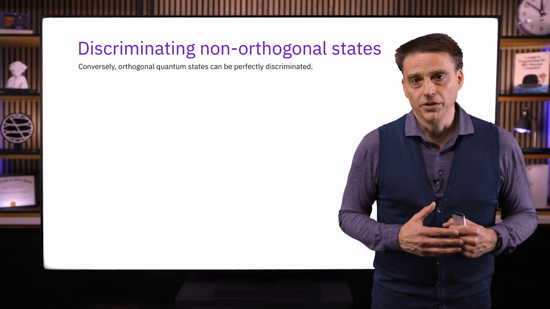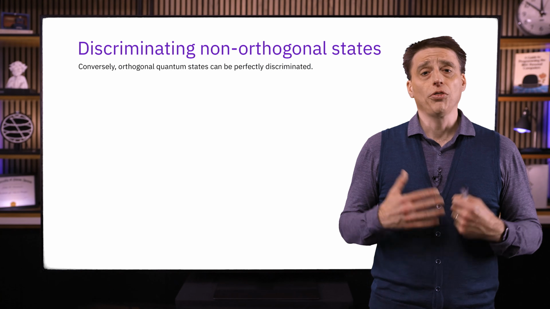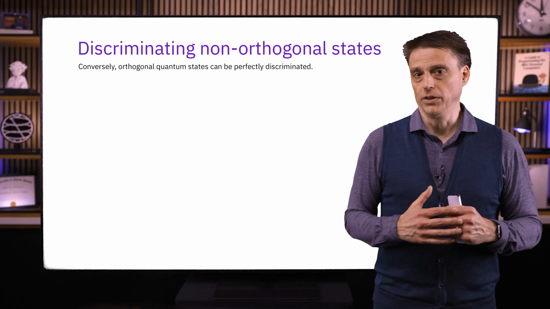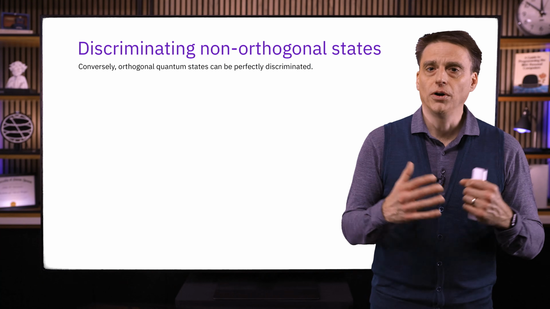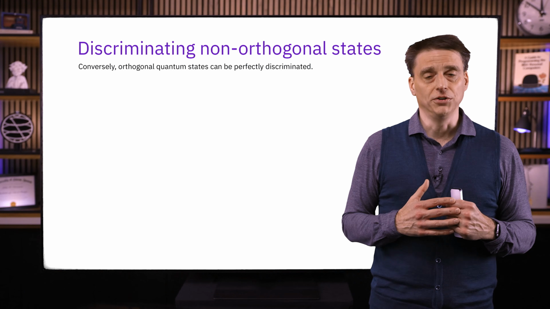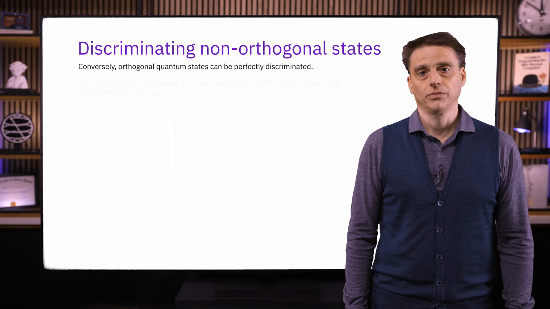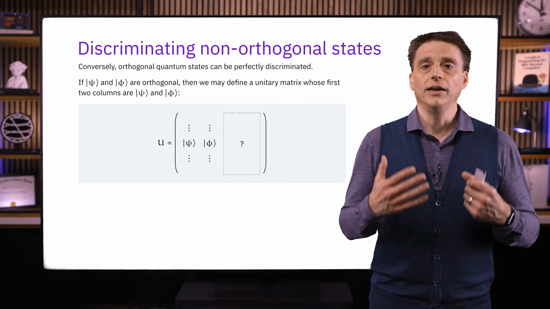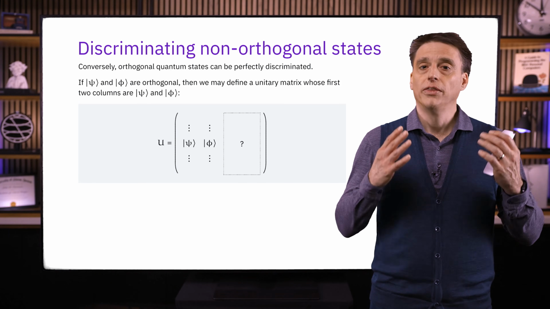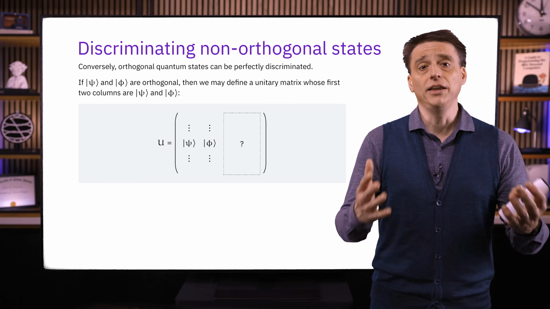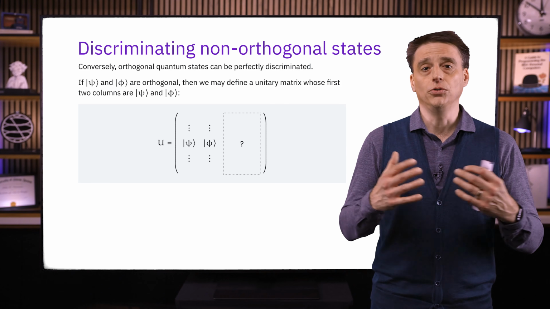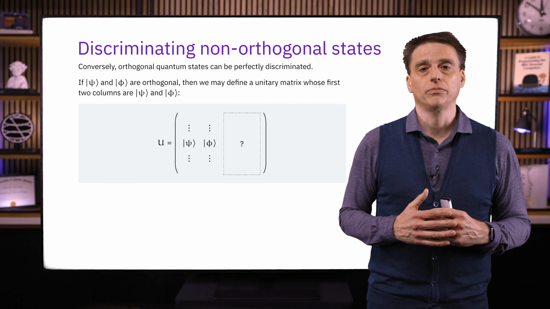There is a converse to the statement that we just proved, which is that orthogonal quantum states can always be perfectly discriminated. And this is not too hard to see if we make use of a fact that I mentioned earlier in the lesson. Specifically, if psi and phi are orthogonal states, then one thing that we can do is to choose any unitary matrix U whose first two columns are the two states.